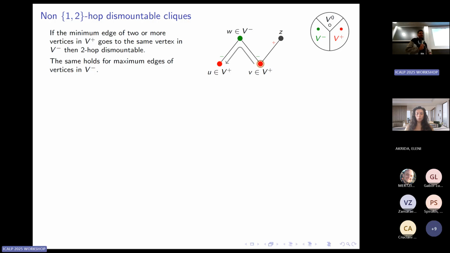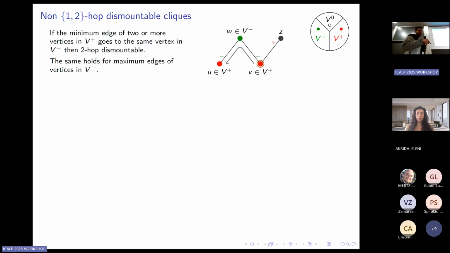Now we see that if we pick two vertices in V plus and look at their minimum edge, if these two edges collide in the same vertex of V minus, then one of the two will become two-hop dismountable.